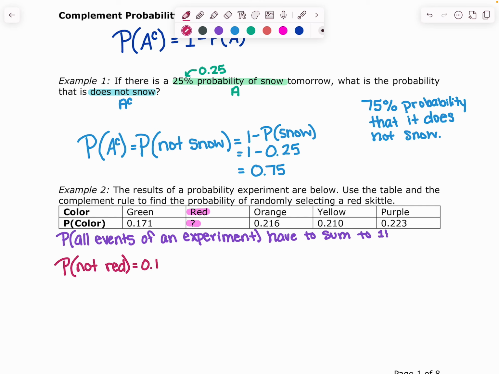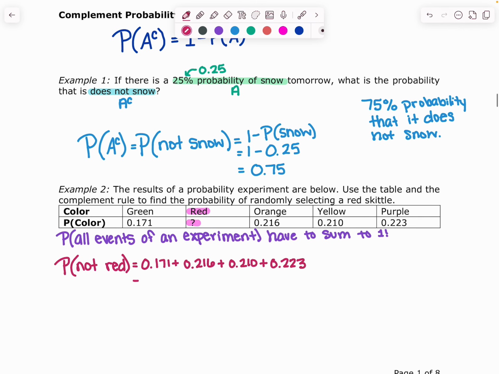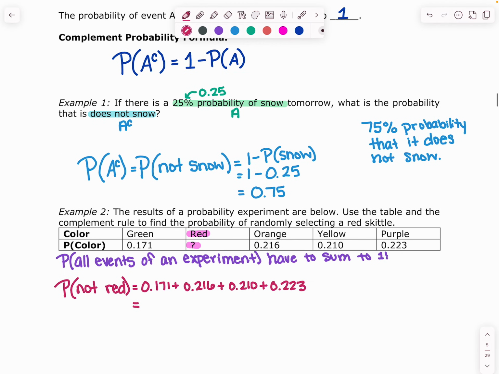So that's 0.171 plus 0.216 plus 0.210 plus 0.223. Those are all of the colors that are not red. So I'm going to add that up, and that gives me 0.82.